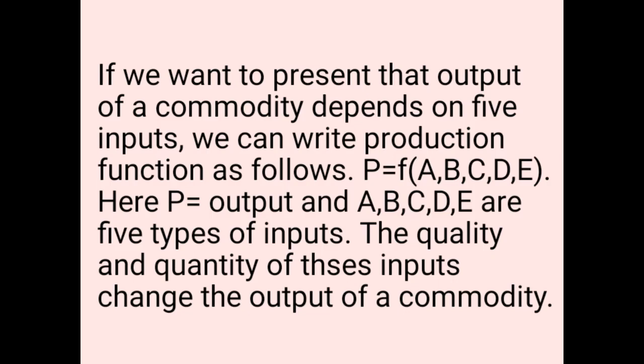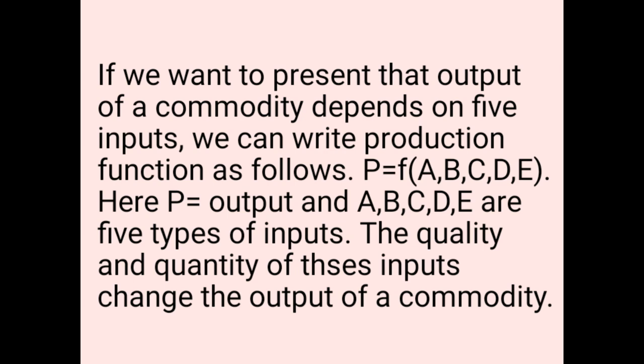The equation that we had studied was P equals F(A), but at that time there was only one input. Now there are 5 inputs, so we are including these 5 inputs in the equation. So our equation is P equals F(A, B, C, D, E).